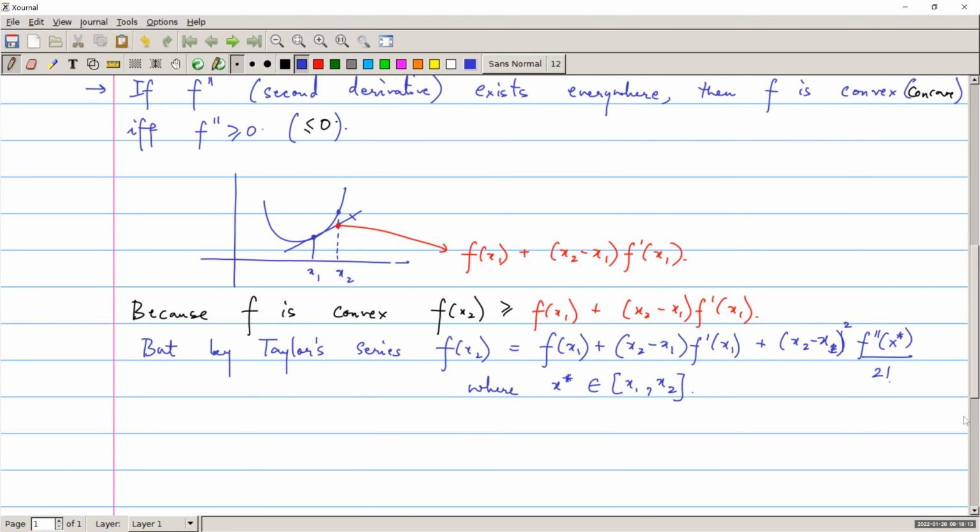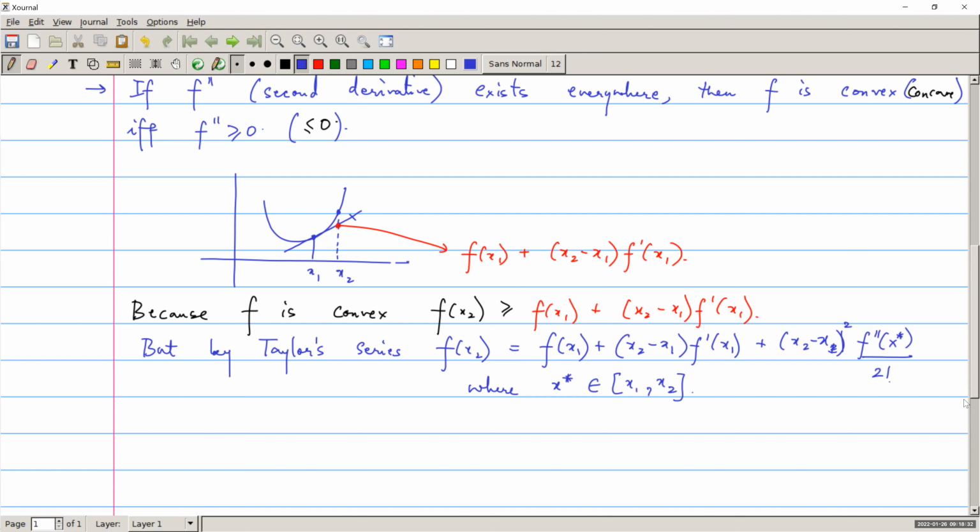But when we have simple functions with a second derivative everywhere, it is very easy to check if it is convex or concave. The second derivative has to be non-negative for it to be convex, and non-positive for it to be concave.